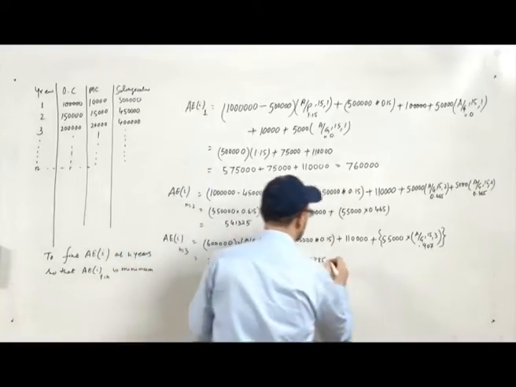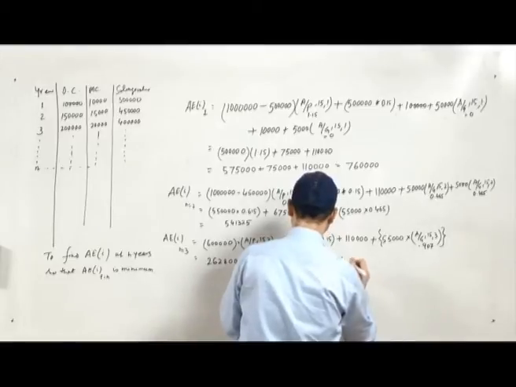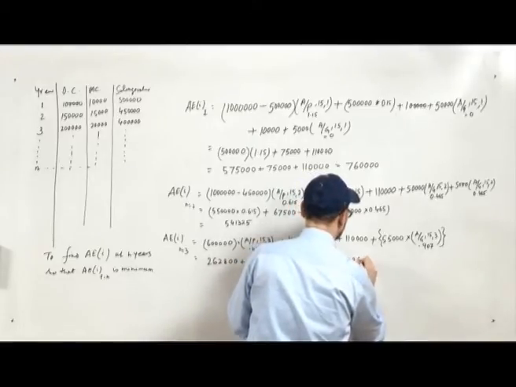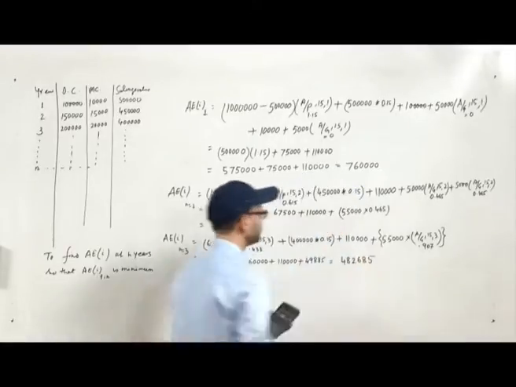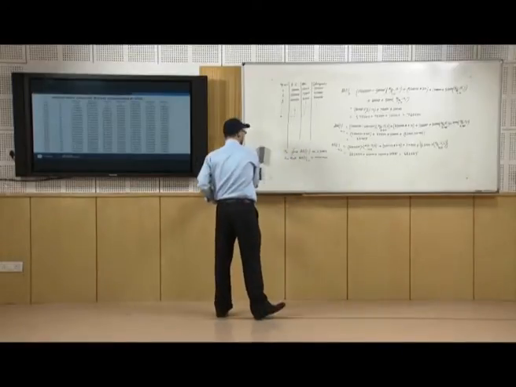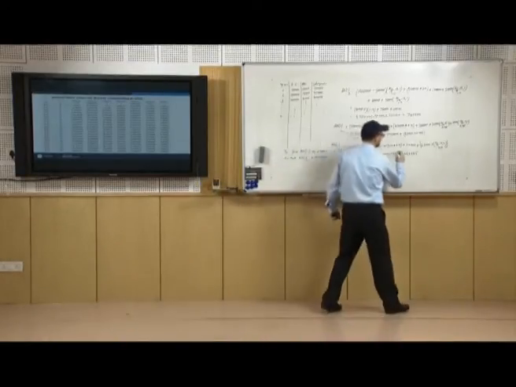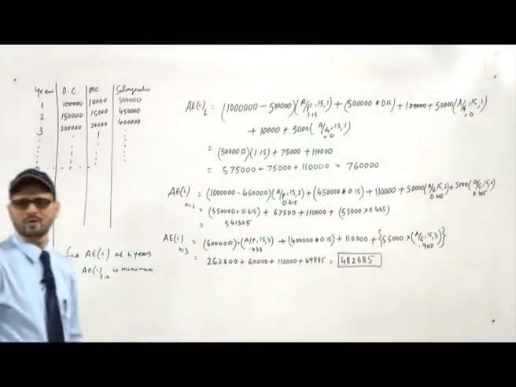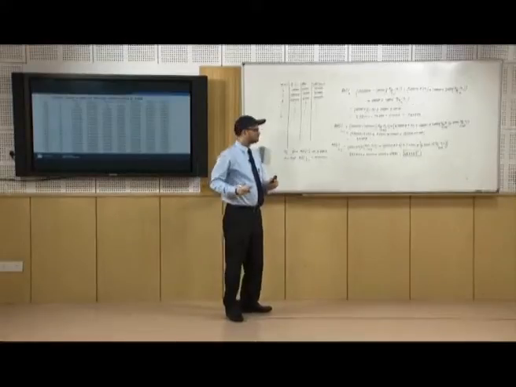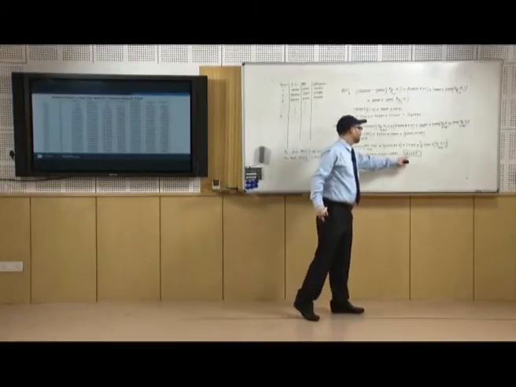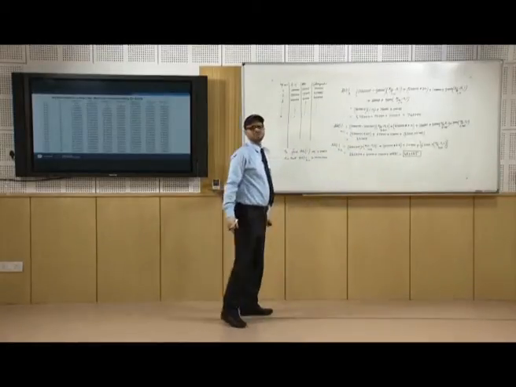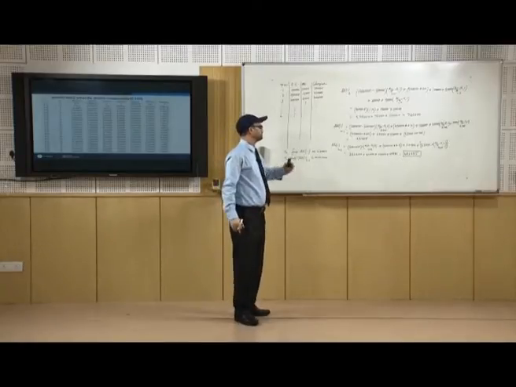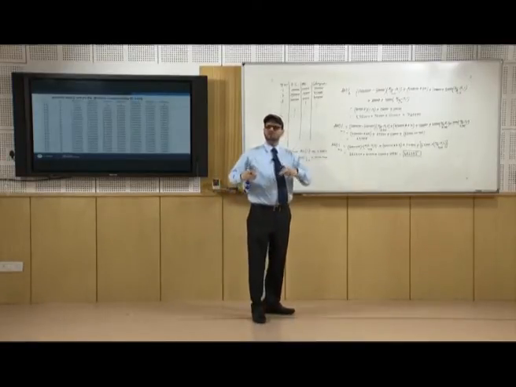So, it is coming out to be 482,685. Now, what we see is that if the equipment is used for 3 years, the annual equivalent cost further reduces and it comes down to 482,685. Let us see how long this decreasing trend goes.